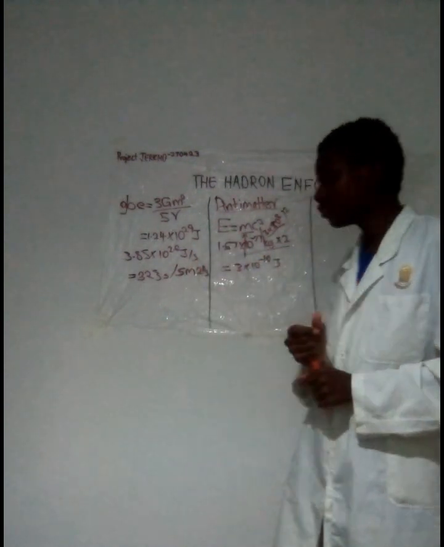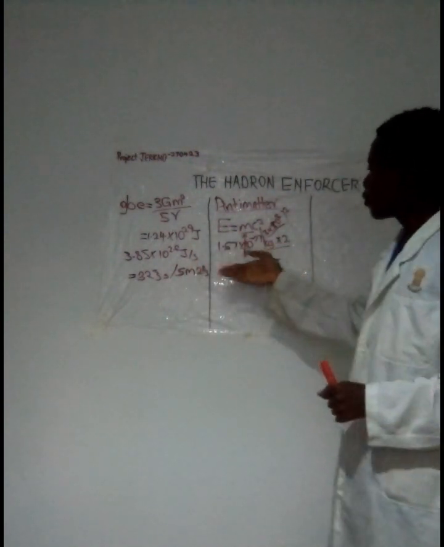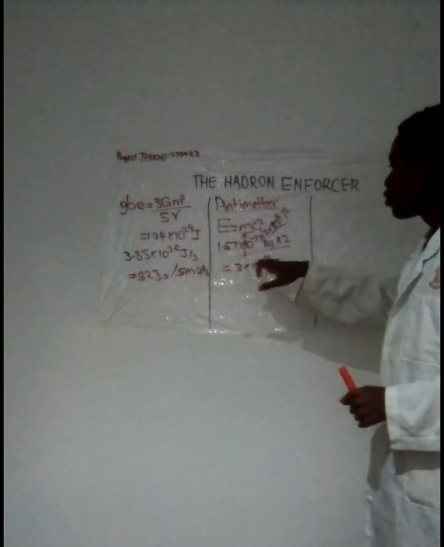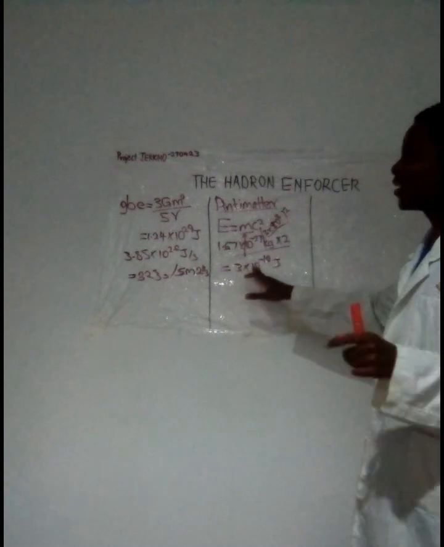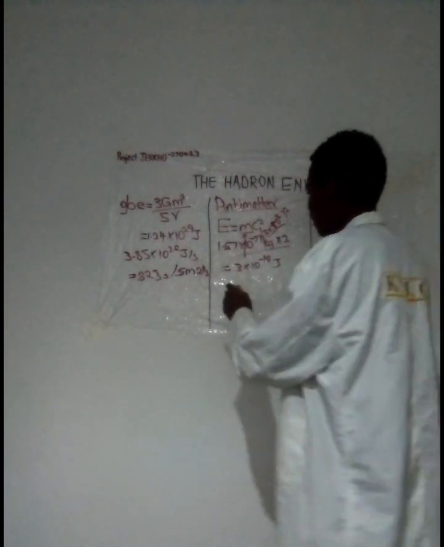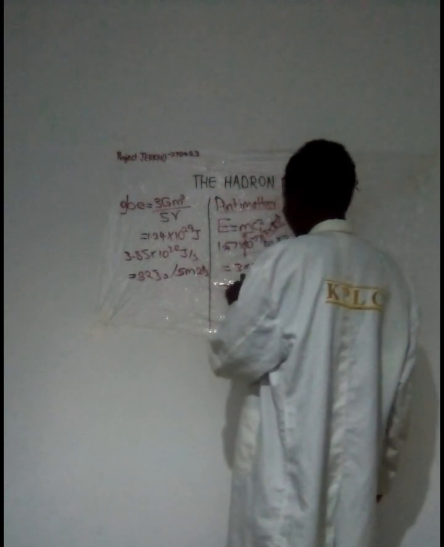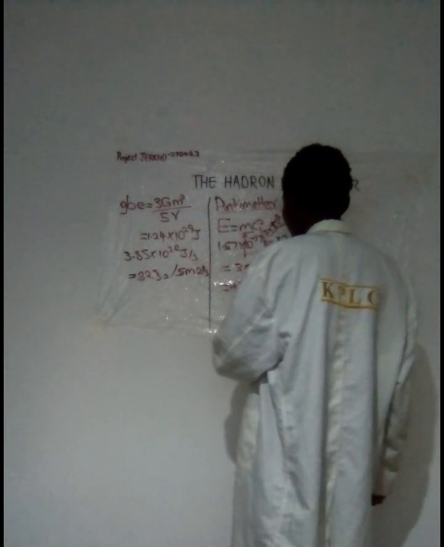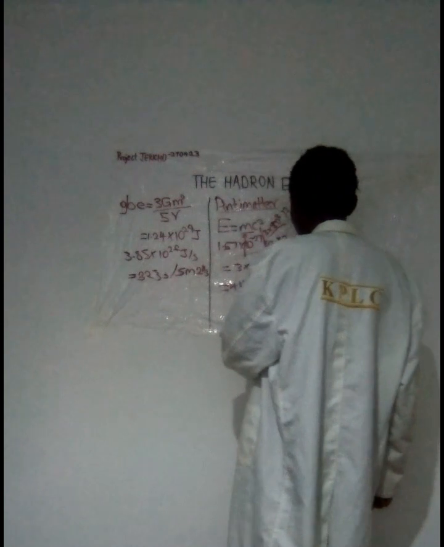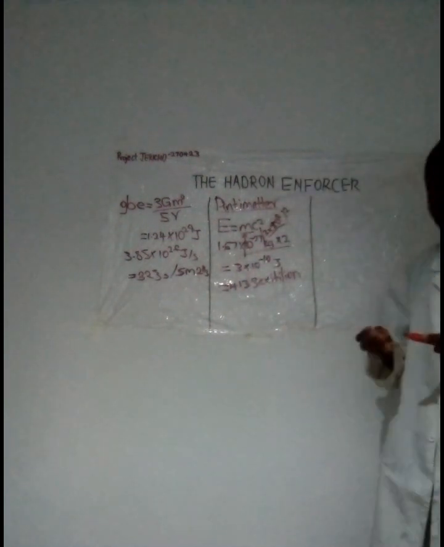If we divide the energy needed to destroy a moon by this pair annihilation energy of a proton and antiproton, we get 413 sextillion particles. I don't know if that's the correct spelling, but that's a lot of particles.